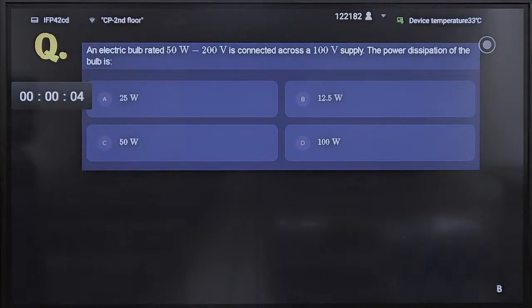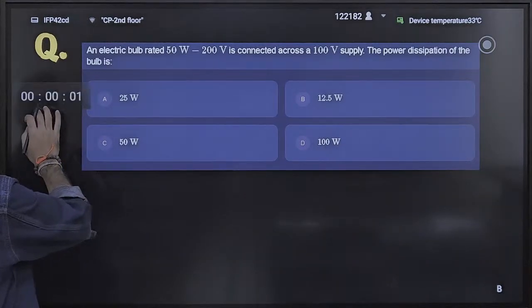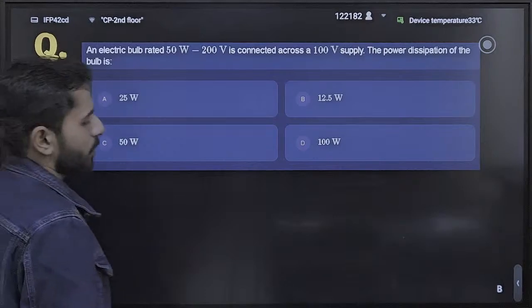We start analyzing. How many of you got it? This was a basic question. There is a pattern for solving this kind of question.